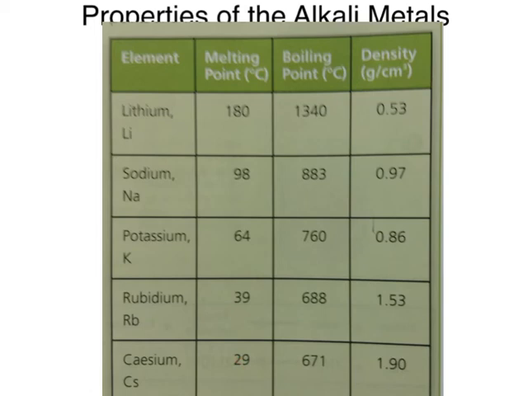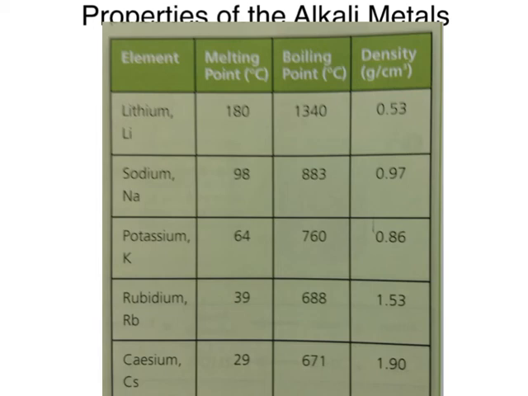Now boiling point, again, we start high, and as we decrease down the group we get lower and lower, so that you can get cesium gas at a very low temperature of 671 degrees.